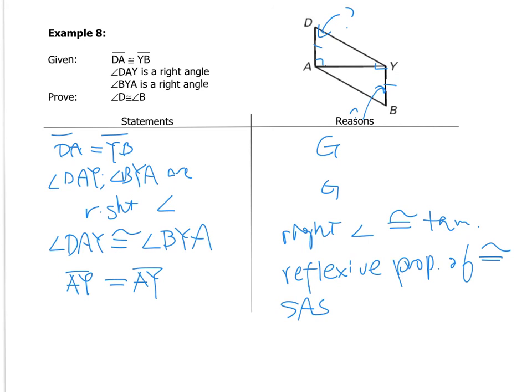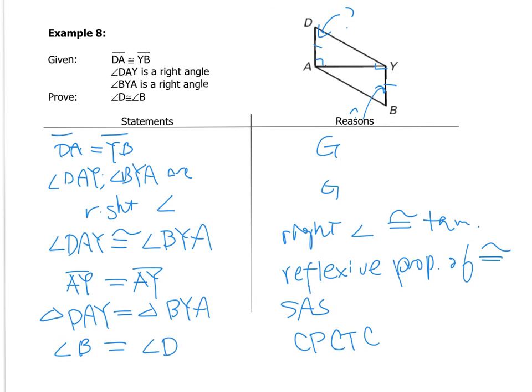So in other words, we have a SAS situation. So triangle DAY and triangle BYA are congruent. If the two triangles are congruent, by CPCTC, the corresponding angle D and corresponding angle B are congruent with each other. Okay, I hope this is helpful.